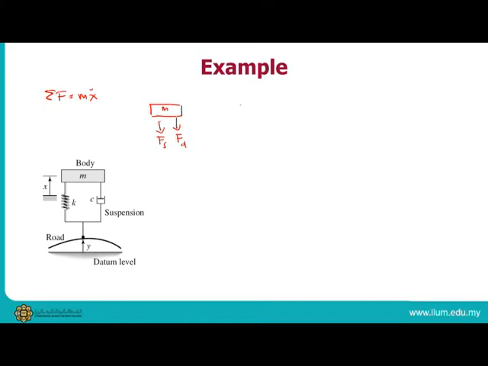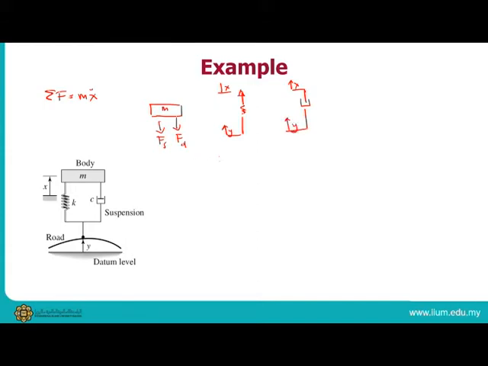If you look at the spring, you've got x here, and from here is the road profile, which is y. The same thing for the damper: you've got x here, and the road profile is your y.